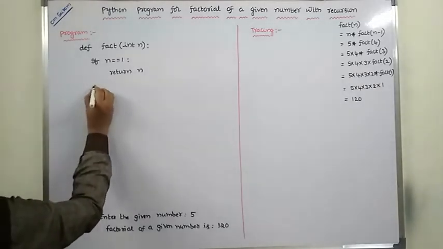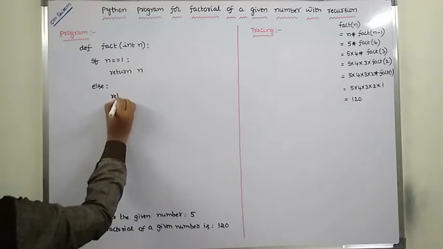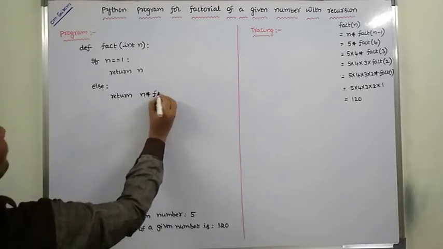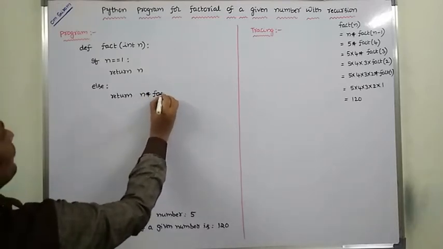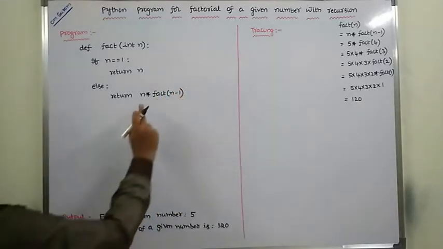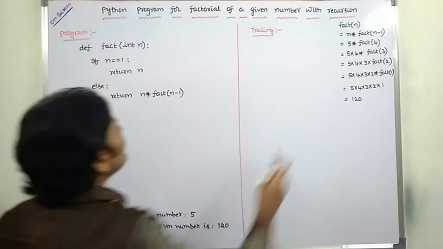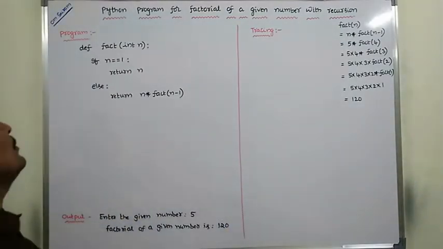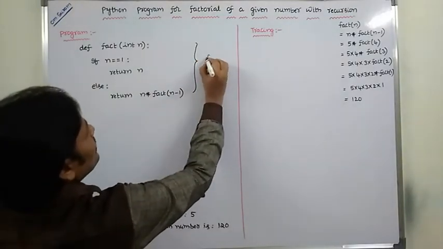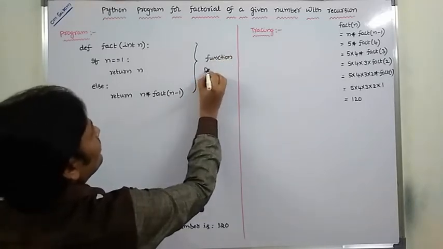Else: return n into fact of n minus 1. So this is the recursive formula. Fact of n is nothing but n into fact of n minus 1. This is the function definition.